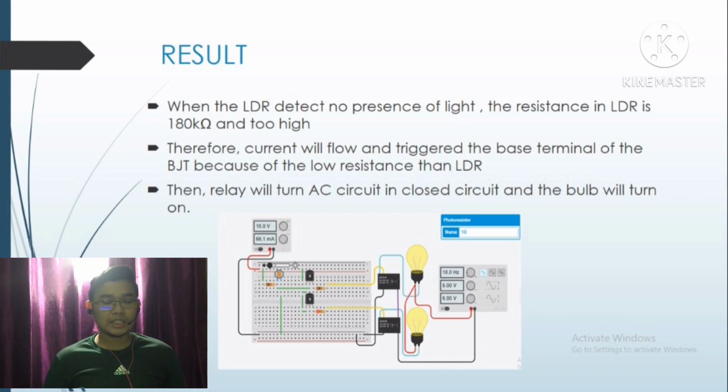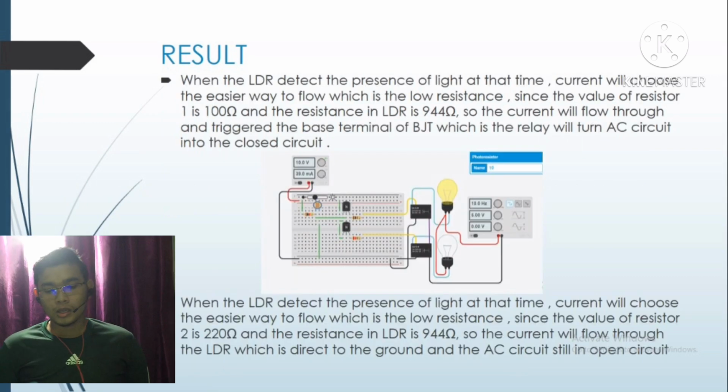The explanation is, when the LDR detects no presence of light, the resistance in the LDR is 180 kilo ohm and the value is very high. Therefore, current will flow and trigger the base terminal of the BJT because of the lower resistance than the LDR. Then the relay will turn the AC circuit into a closed circuit and the bulb will turn on.